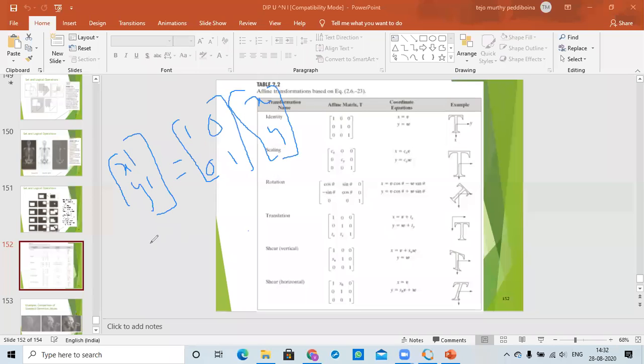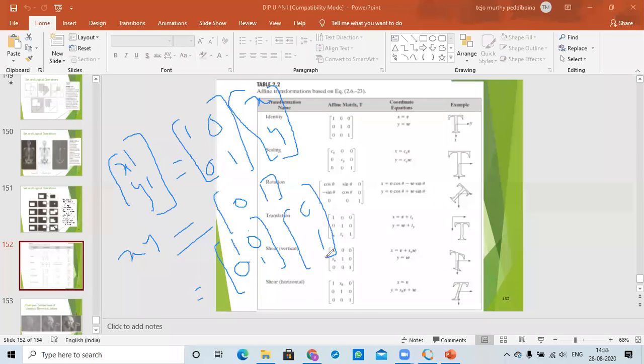Then what happens to each individual coordinate? Let us check. For example, let xy be 0 and 1. You apply this formula here. New x dash y dash is equal to the matrix 1 0, 0 1, multiplied by 0 1.